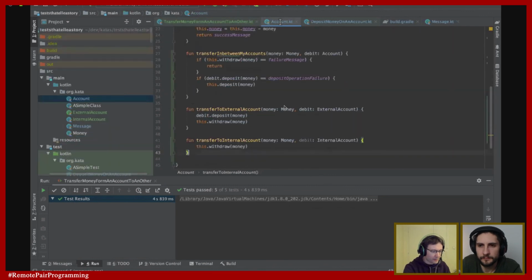Yes, so here we have 3 different implementations of transfer. I don't know whether it's a problem or not, but that's here. I think the problem here is that we didn't write enough tests so that they will look different.